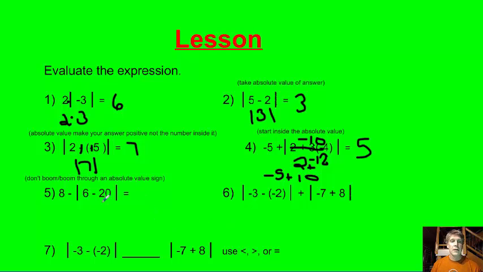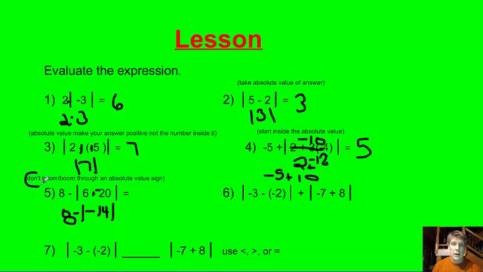Okay, a couple more here. Number 5. Now again, don't start with the boom, boom outside. You can't do that through absolute value, so we'll look at that quick. So start inside. 6 plus boom, boom, change that to a negative 20. That's negative 14. So now I have the absolute value of negative 14. And then I'm going to bring the 8 minus that down.